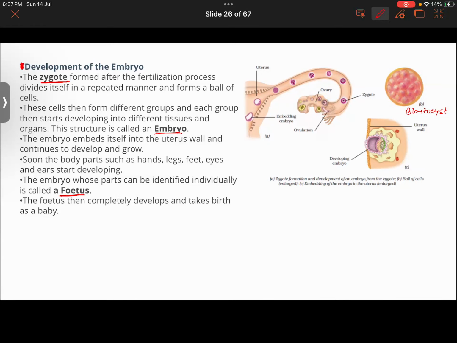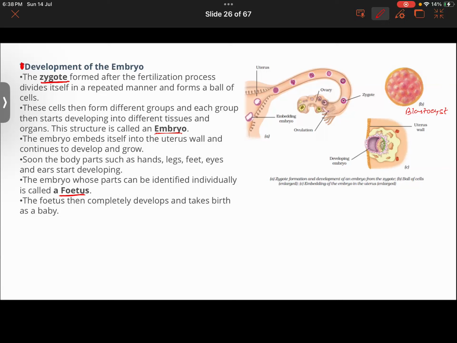The zygote and embryo? Yes. So the zygote is basically the structure of both the nuclei of the ovum and the sperm, and it is a single cell. Right?